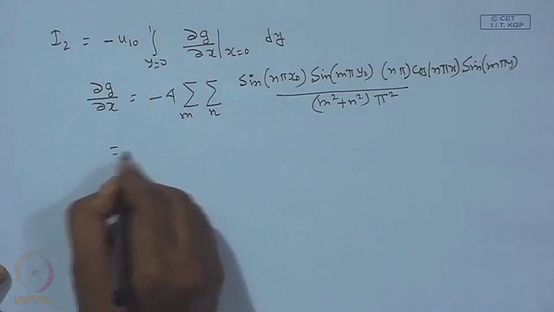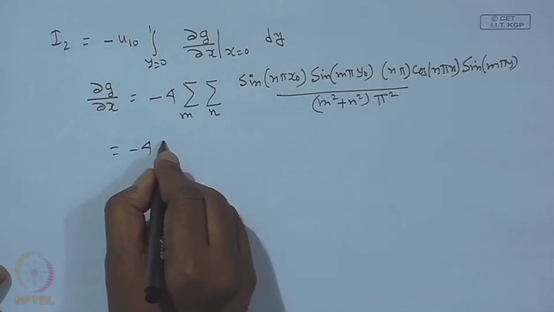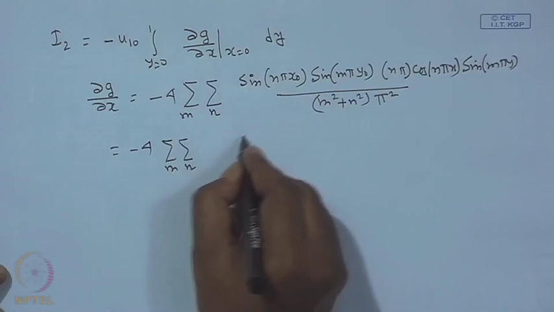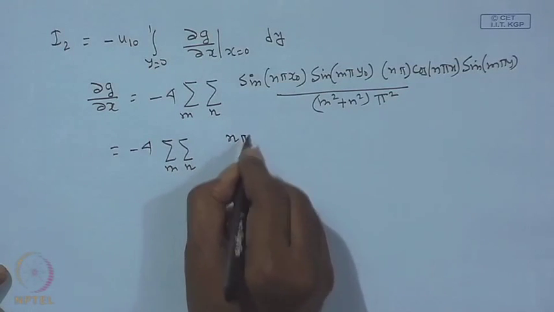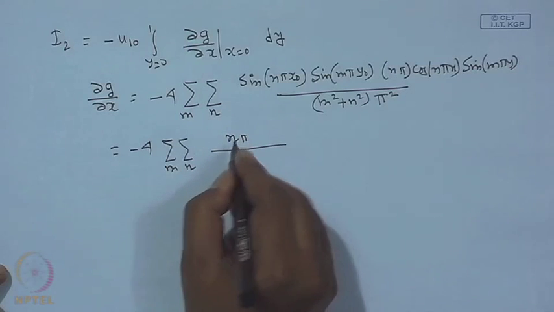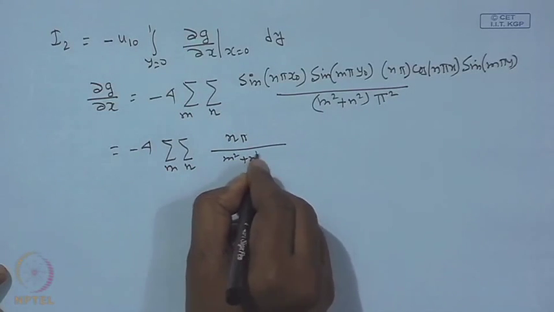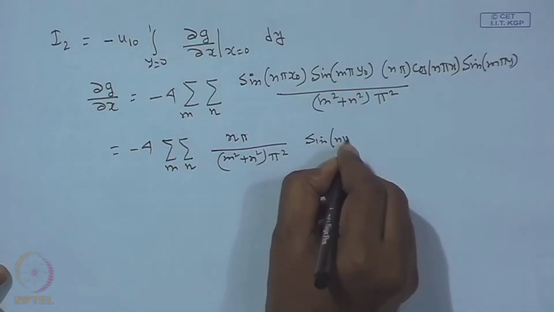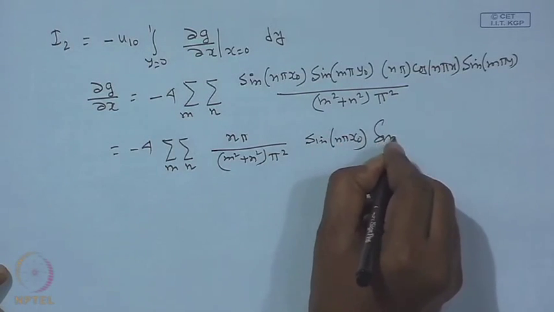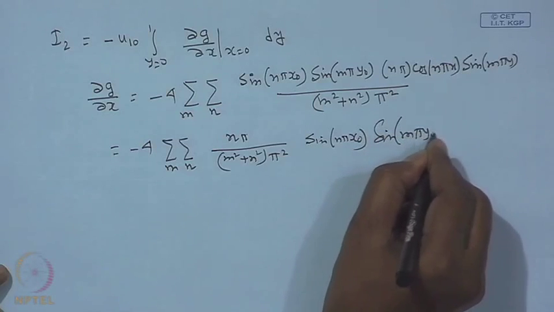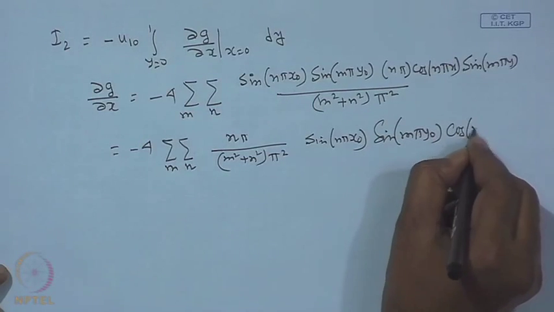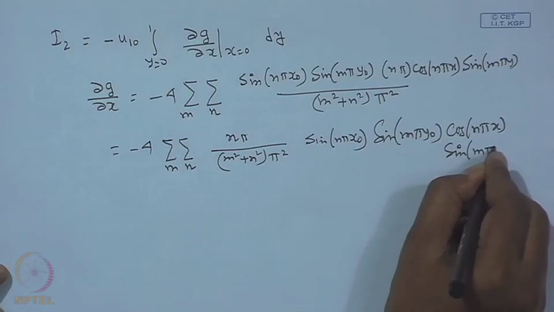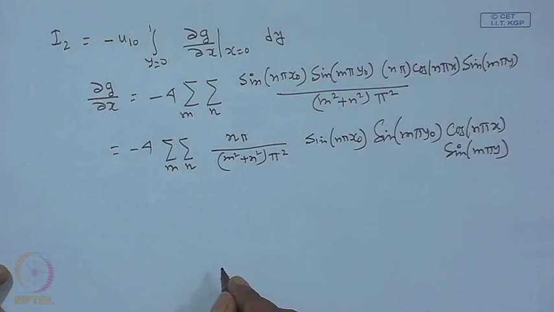So, this will be minus 4 summation over m, summation over n, pi divided by m square plus n square pi square, sin n pi x naught sin m pi y naught cosine n pi x sin m pi y.